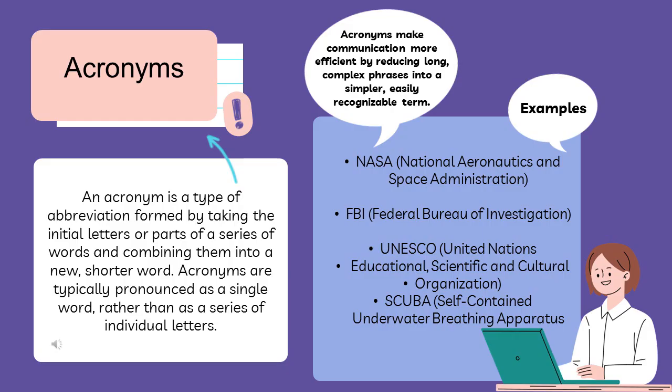Acronyms make communication more efficient by reducing long complex phrases into a simpler, easily recognizable term. Here we have some examples: NASA, FBI, UNESCO, and SCUBA. All these terms are shortened to make it easier for speakers to describe them without their complex words.